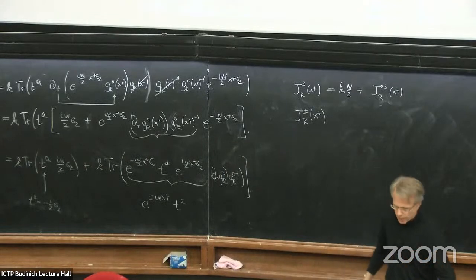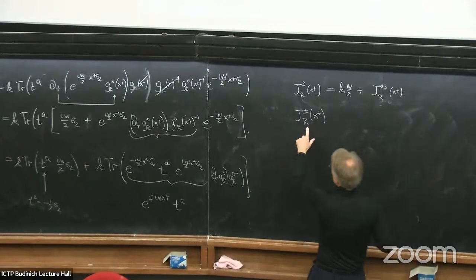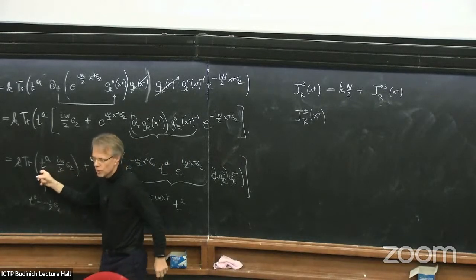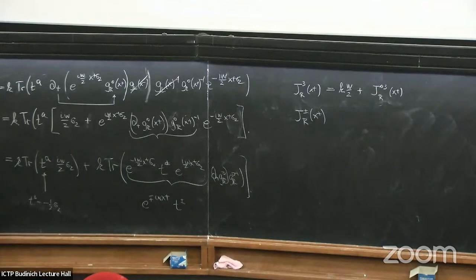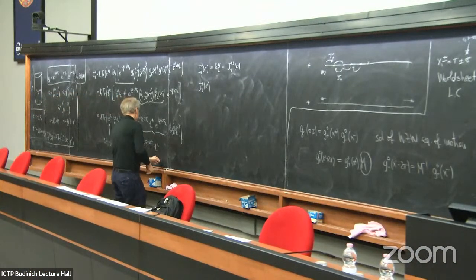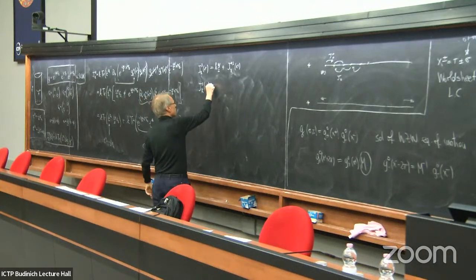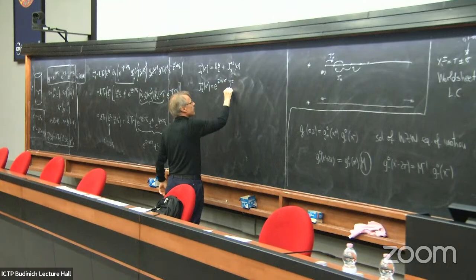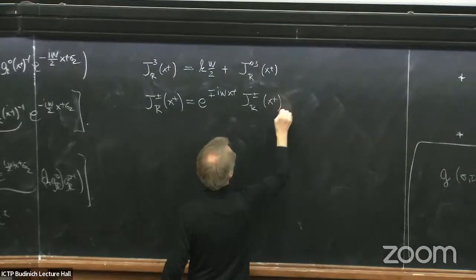So for J plus-minus of R, this term is 0, because the trace of sigma_2 with sigma plus-minus is 0, because the traces of the different sigmas are 0. So this term is absent, and you just pick up this phase, and then you have again the old current. So what you learn is that this is equal to e to the minus-plus i w x^+ times J plus-minus of R of x^+.